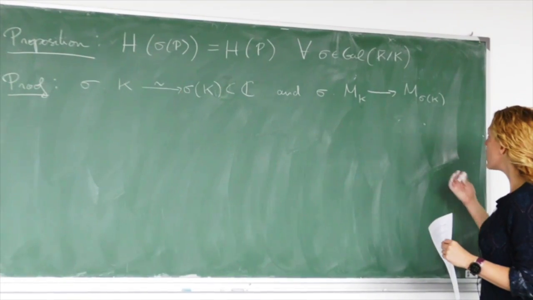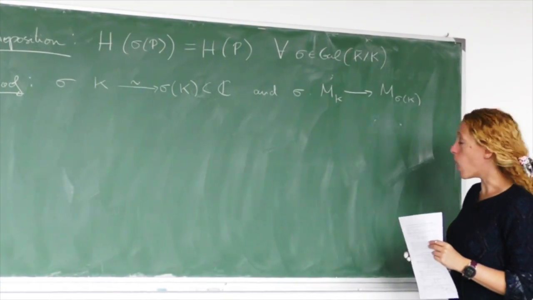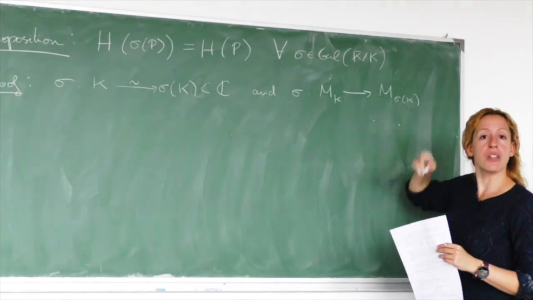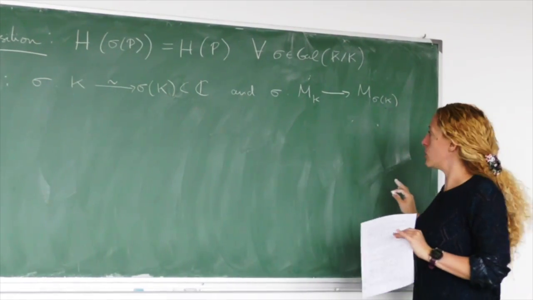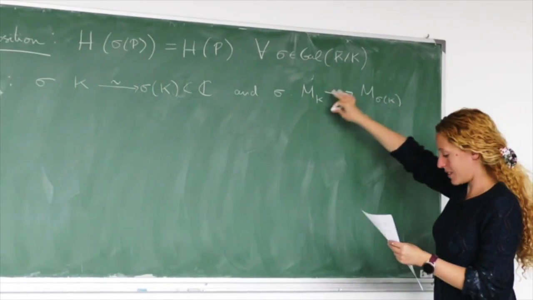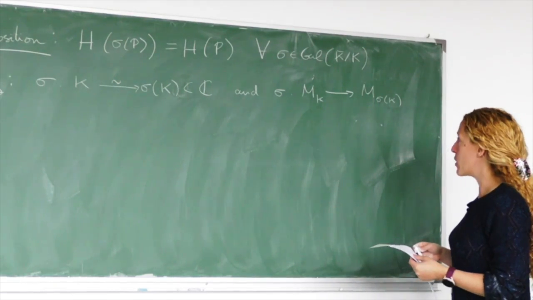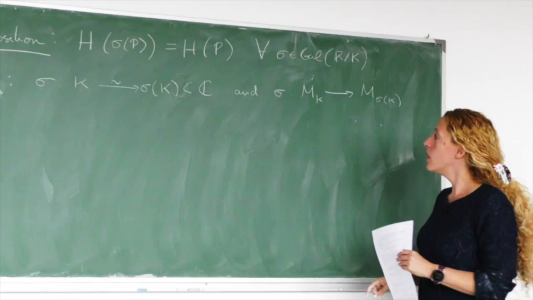Eventually this may be K, if K is Galois, then sigma of K is equal to K. But maybe it is not Galois, so it may be a different field. But this induces an isomorphism between the evaluations, just by making the composition with sigma.